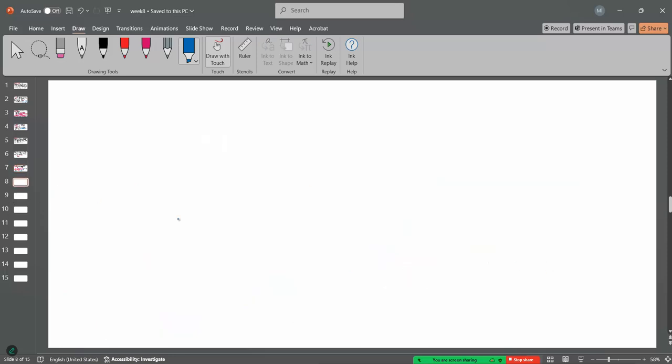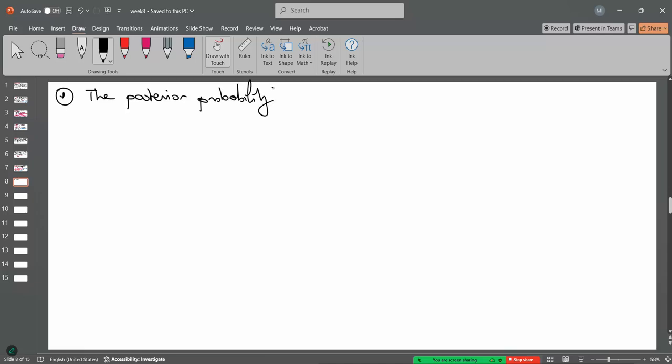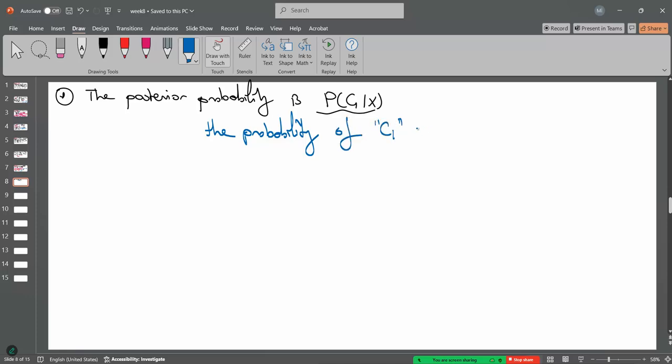So we can summarize the whole terms. The posterior probability is P(C1 | x). And so in detailed meaning, we can write the probability of C1 given the new x data.